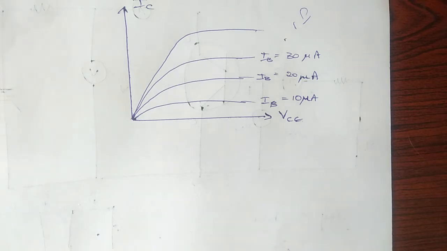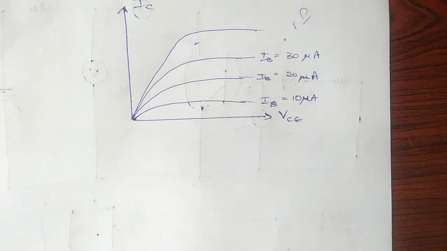What is the saturation region? It is whenever we make both collector and emitter junctions forward biased, then those characteristics can be considered the saturation region.